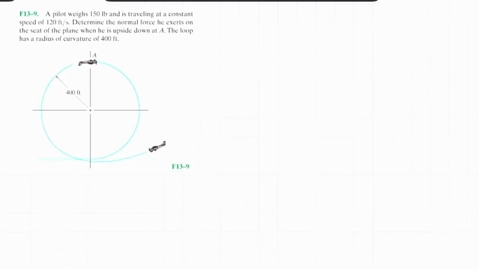So let's see. We have the weight of the pilot, in this case 150 pounds. We have the velocity at that instant is 120 feet per second. Notice it is a constant velocity. We'll talk about that in a second.